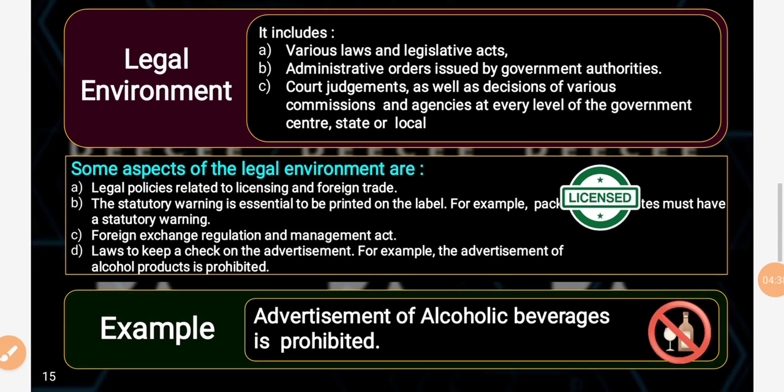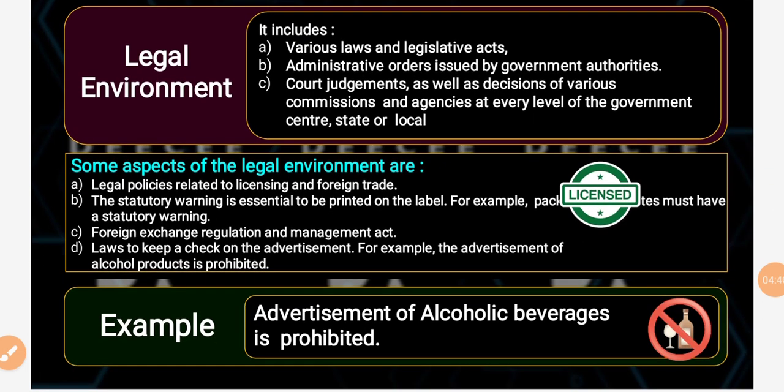Now next one is our legal environment. Legal environment means all those components or forces which include rules and regulations related to the law, like the Wage Act, Labor Act, or the order of the court, or we can say code of conduct announced by the court.